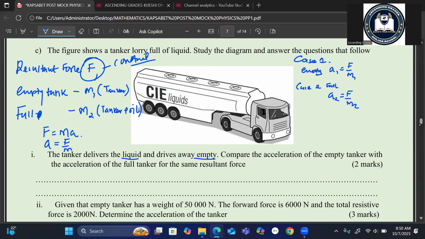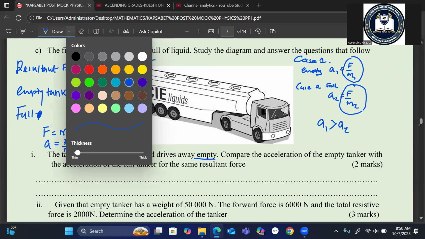Mathematically, let's compare something here. The moment you are having a denominator that is increased, then the value of the subject will be reduced. So, if we compare this part and this part, you'll find that the value of A1 is greater than the value of A2.